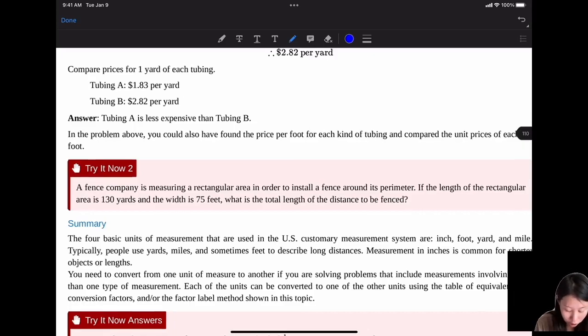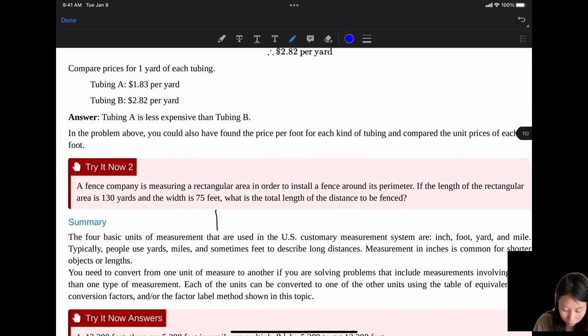So now take a look. You know this is a rectangle. The length is 113 yards, and the width is 75 feet.